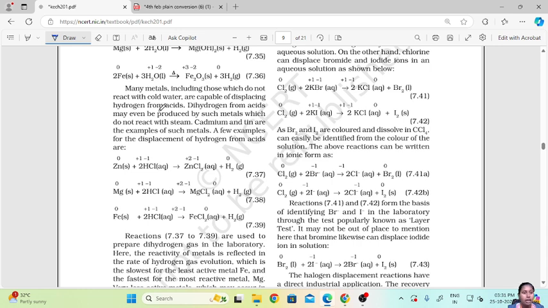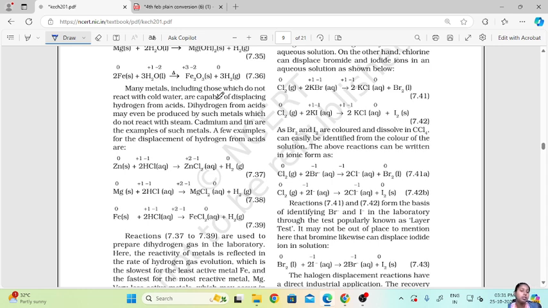Cadmium and tin are examples of such metals. A few examples for the displacement of hydrogen from acids are zinc with HCl giving zinc chloride and H2. So dihydrogen forms from acids.